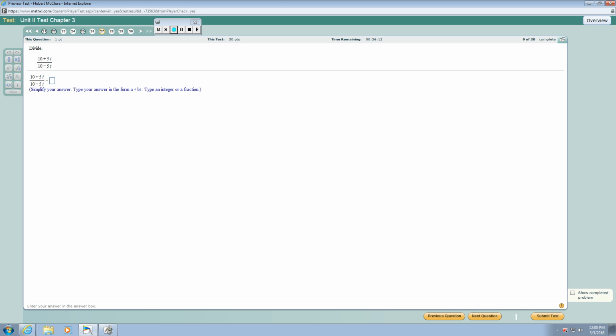It's 75 over 125 minus 100i over 125. Now reduce that down, however you reduce it down, and then make sure that it's in a plus bi form.